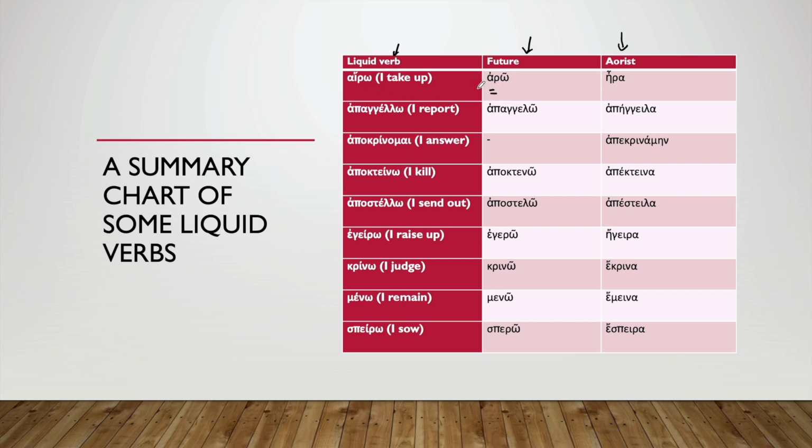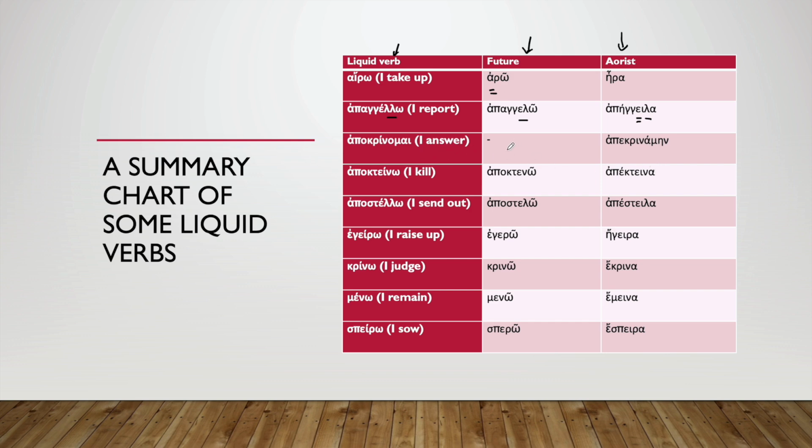Okay, ἀείρω, the iota drops here. Noting also, again, the loss of lambda with these double lambda verbs. And again, ἀπαγγέλλω, the epsilon lengthens to an epsilon iota. So there's lengthening and the drop of the lambda here.